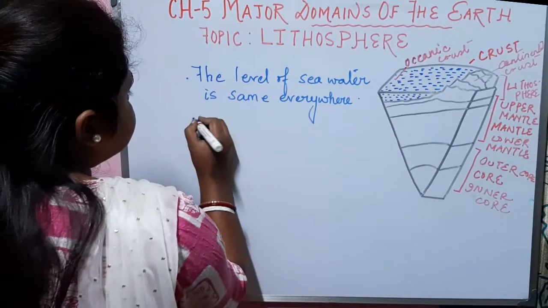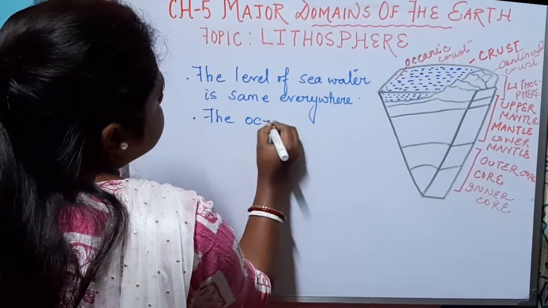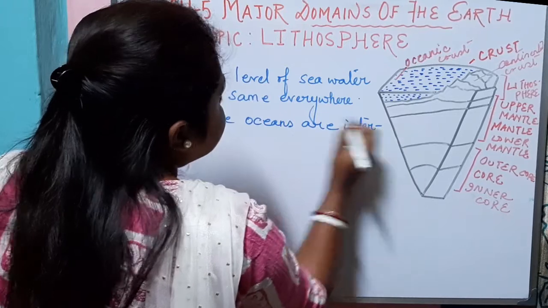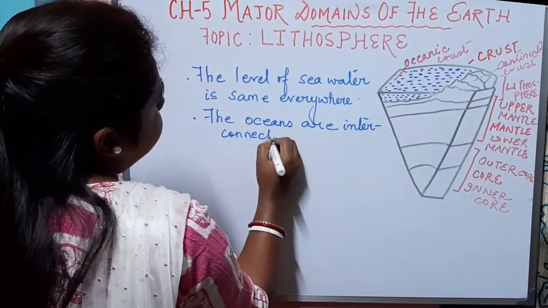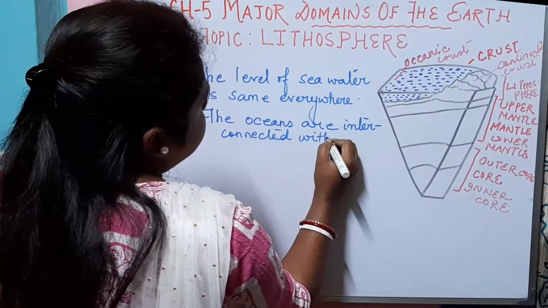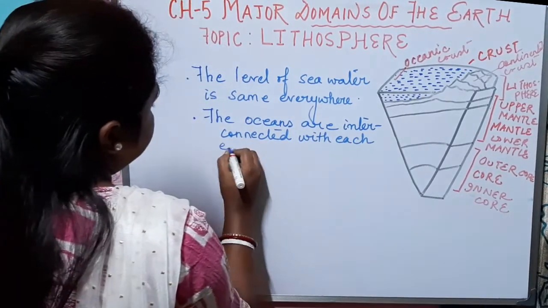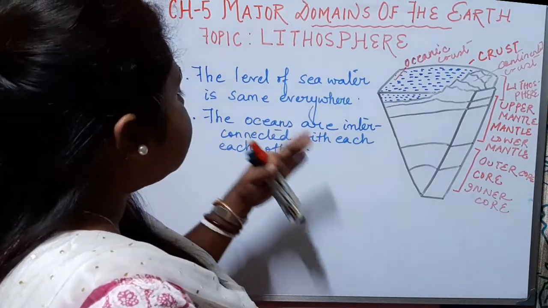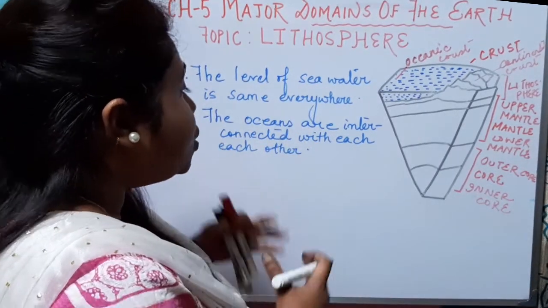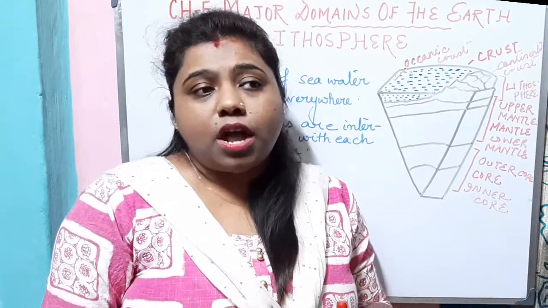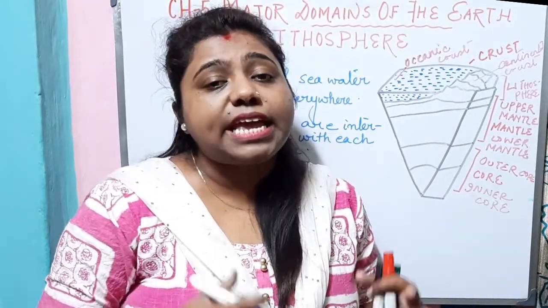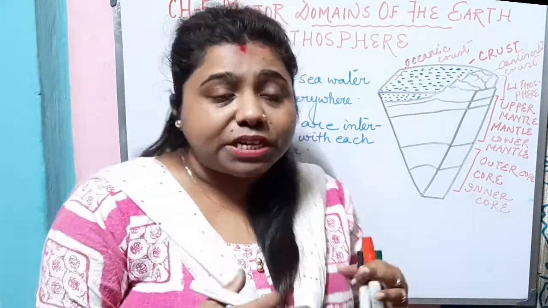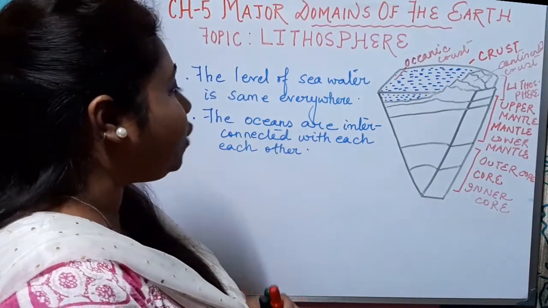Why is it so? Because the oceans are interconnected with each other. So if the volume of water of a particular ocean increases, it will lead to equal distribution of water in all other oceans, because all the oceans are interconnected with each other.